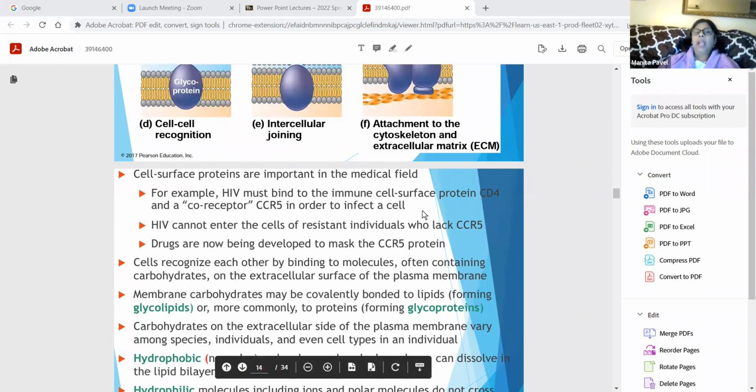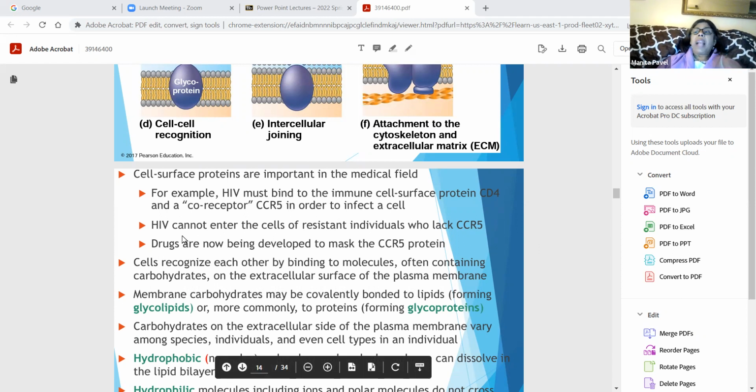HIV cannot enter a cell of resistant individuals who do not have that CCR5. So for an individual to suffer from HIV, they have to have the co-receptor CCR5 to bind to the surface protein called the CD4 protein in order to cause the infection. And now drugs are being developed in order to mask that CCR5 protein, which is the co-receptor that infects a cell.